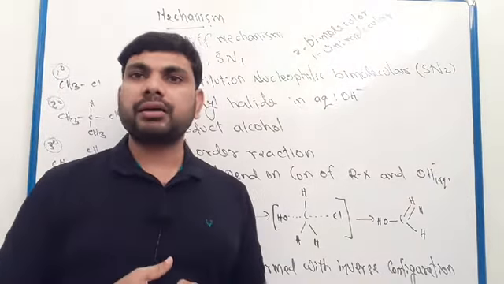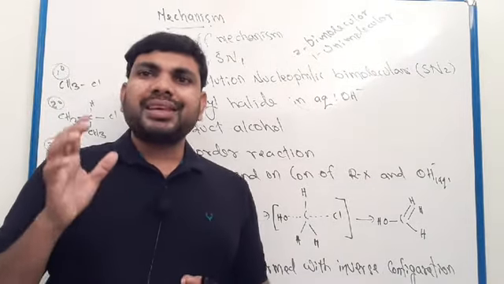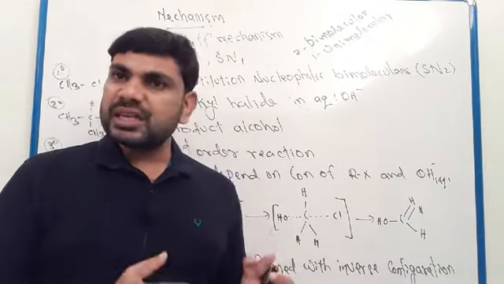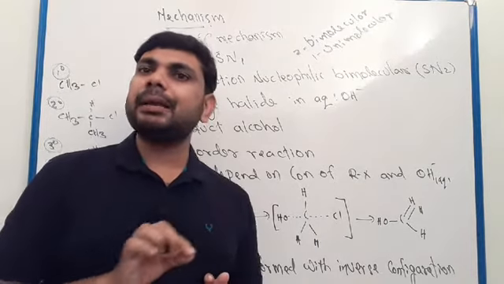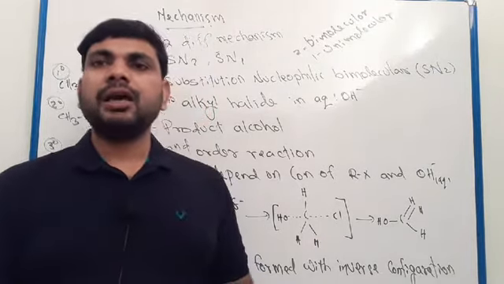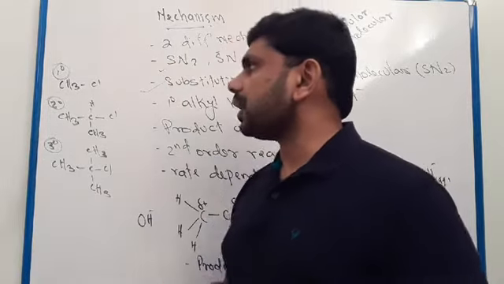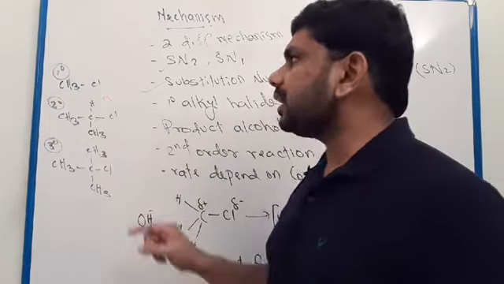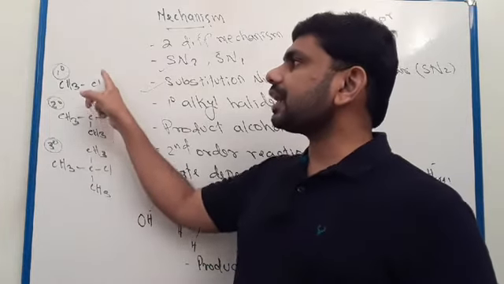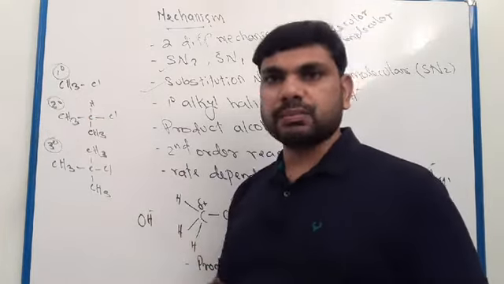First we have to study the SN2 mechanism, substitution nucleophilic bimolecular reaction, in more detail. The SN2 mechanism takes place in primary alkyl halides. We know there are three types of alkyl halide: primary, secondary and tertiary. Primary alkyl halide means the halogen-attached carbon is directly attached to one carbon atom.